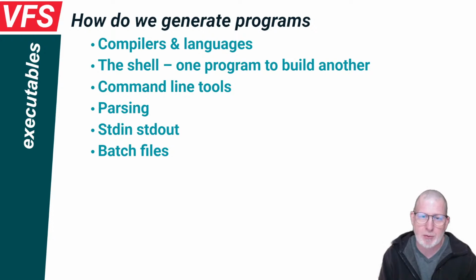The key difference with shell programs is they give you access to all of the operating system by typing in commands and allowing those commands to execute. Some shells have built-in commands. Some shells just let you run executables. So we're going to play with a little of both of those.